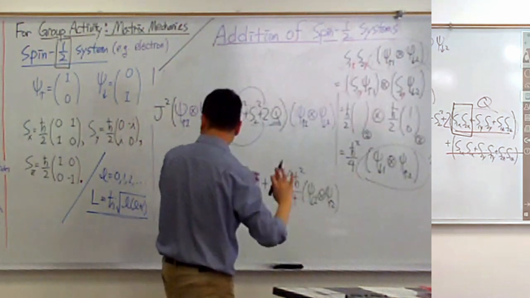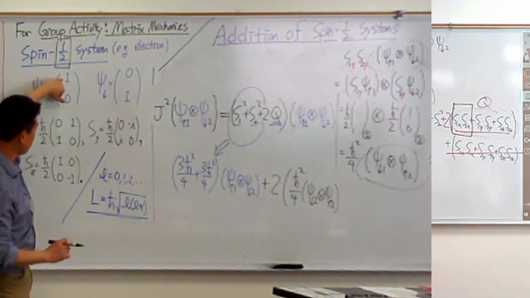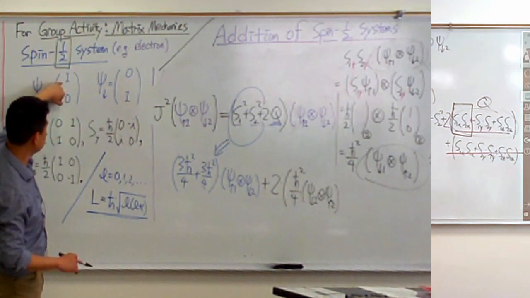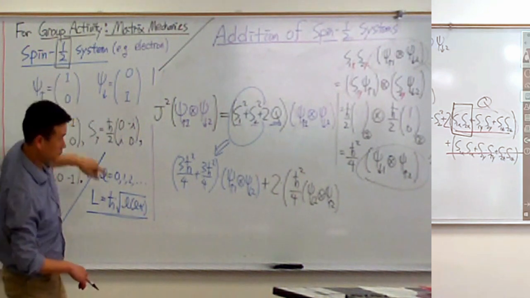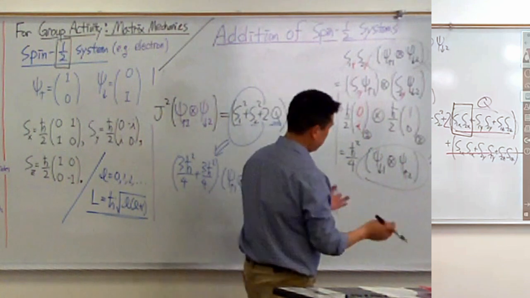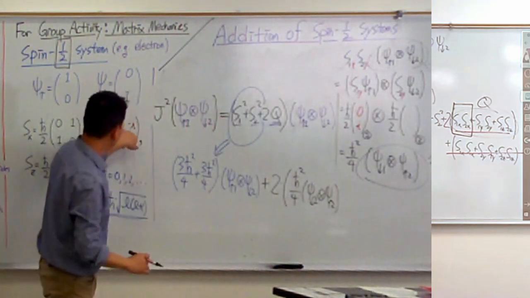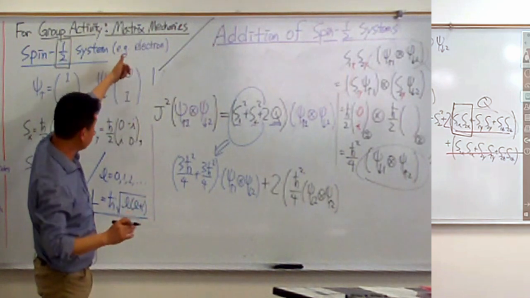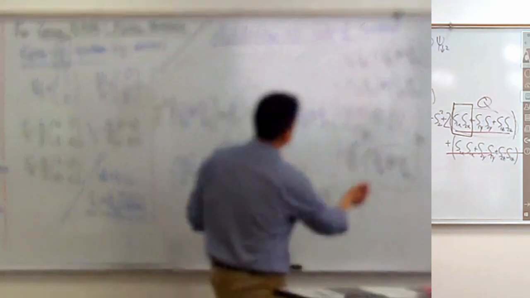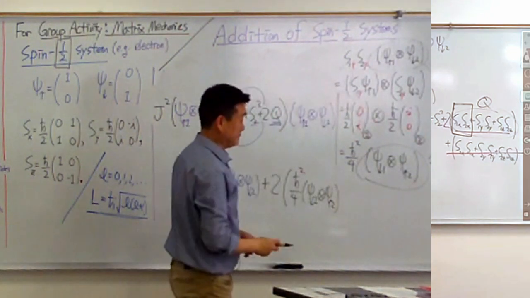I keep making the same mistake. This multiplying to this, so this times this is 0 for the first row. This multiplying to this is i for the second row. So it's supposed to be 0, i. And for the second particle, let's do this carefully. This multiplying to this gives me minus i for the first row. And this multiplying to this gives me 0 for the second row. So minus i, 0. Yep.